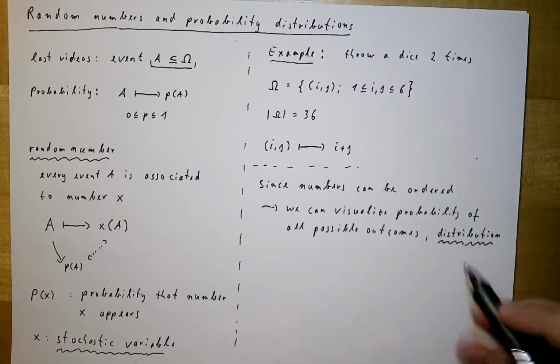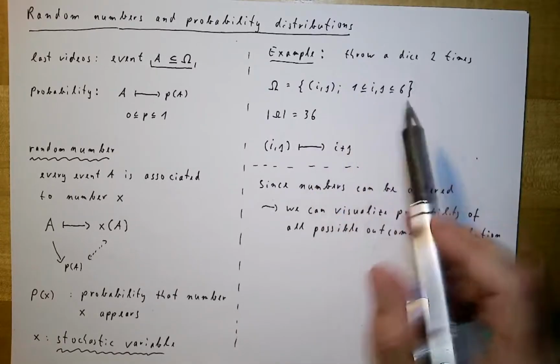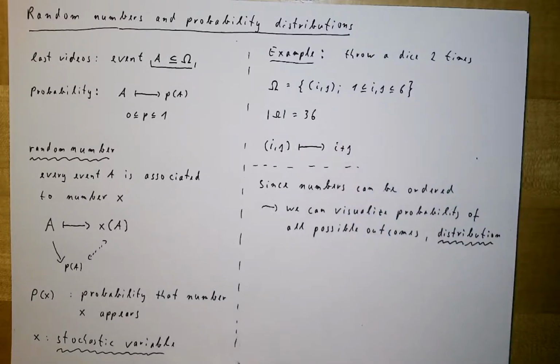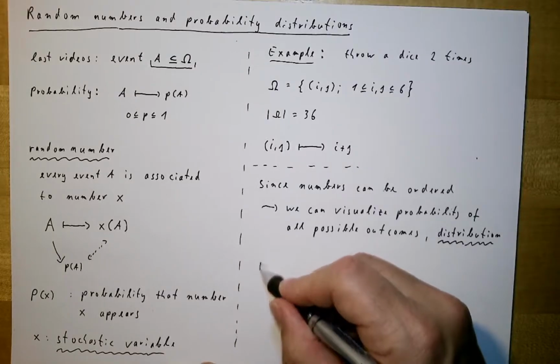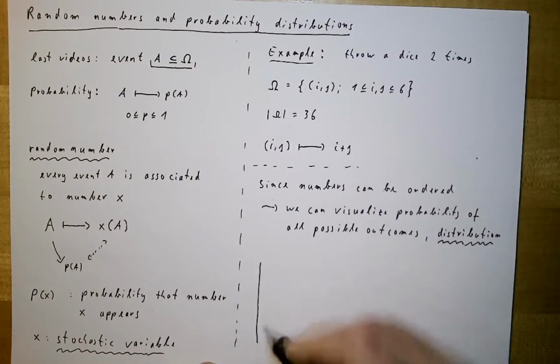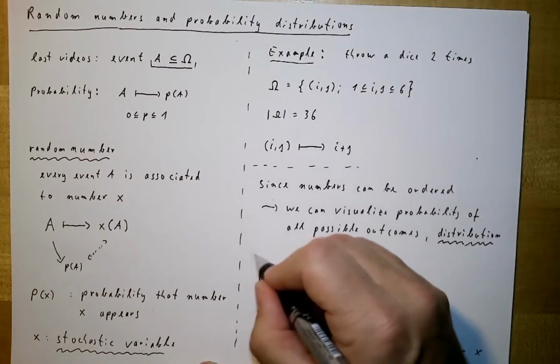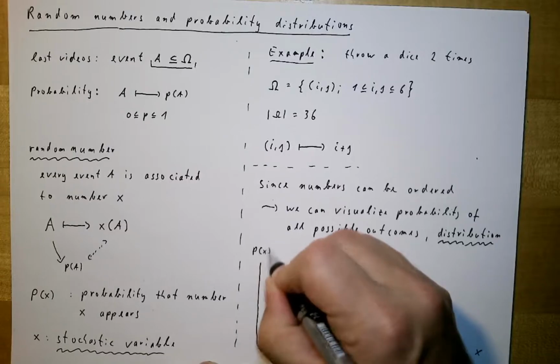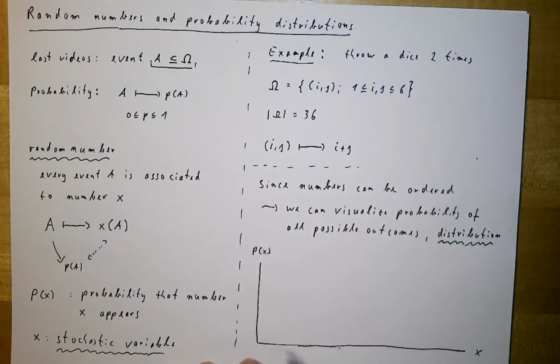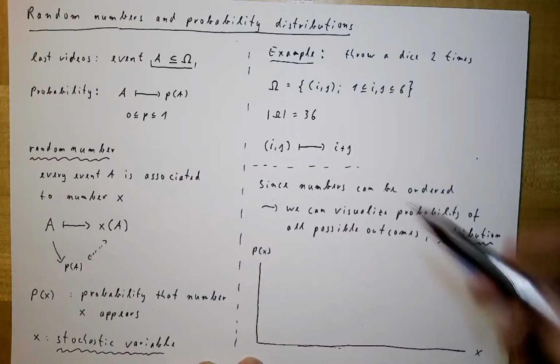So how would this work in this example of the sum of two dice, a throw of two dice? We can make a plot, and here we plot our random numbers, and here we have the probability of these random numbers. So now let's see what possible random numbers we can have.